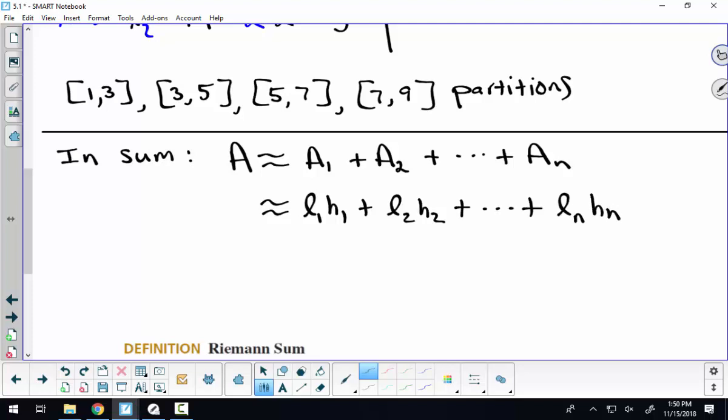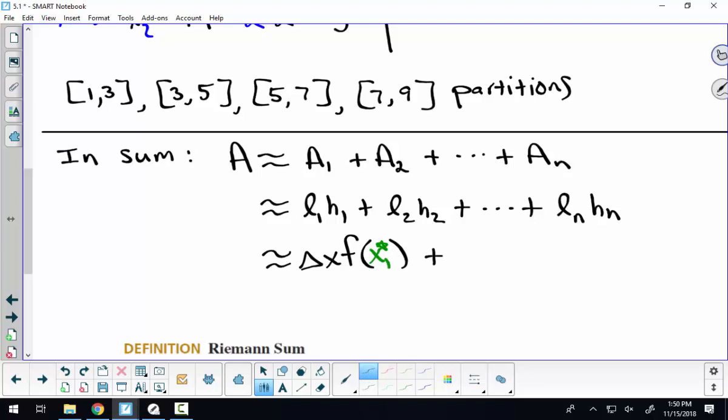But the length was given by delta x in all of these, and the height is given by the function evaluated at some x value. Again, we're going to call that x value x star, and since it's corresponding to the first rectangle, it's x star sub 1.